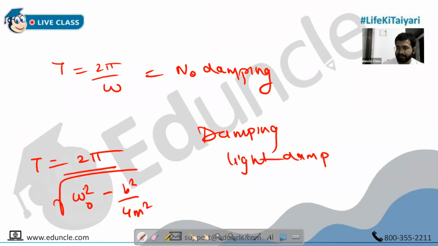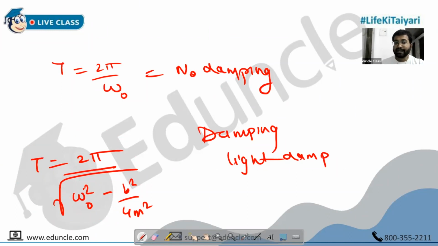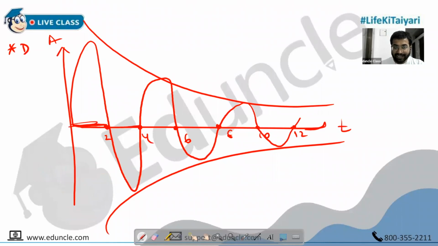You may have learned this. See, it has increased now. This is omega naught basically, and this is omega naught square minus b square upon 4m square. So if denominator reduces, what happens to numerator? Numerator increases. Time period increases, but it only means that it has a greater value than no damping, but now this is constant. Now this is also constant. So this value is greater than, what do you call it, the no damping case.